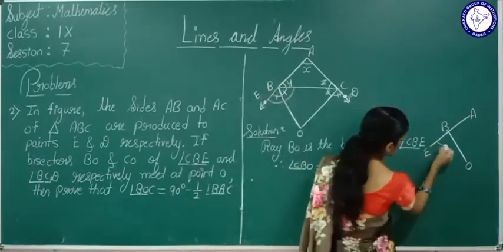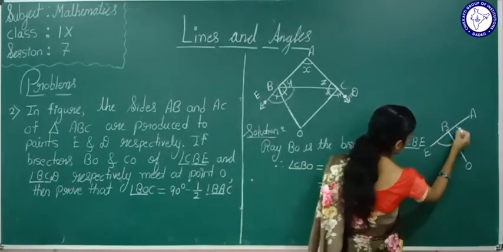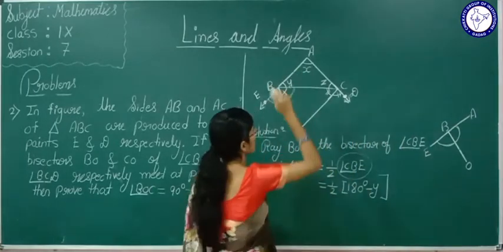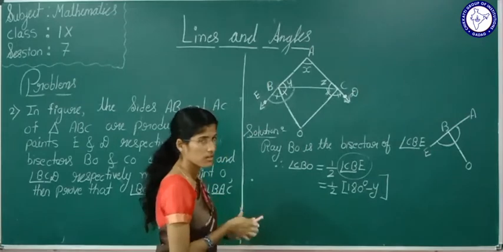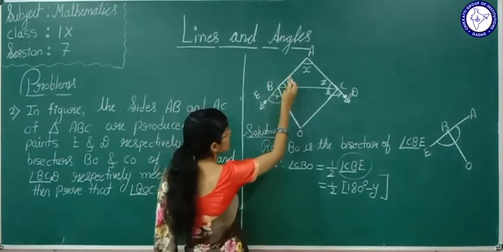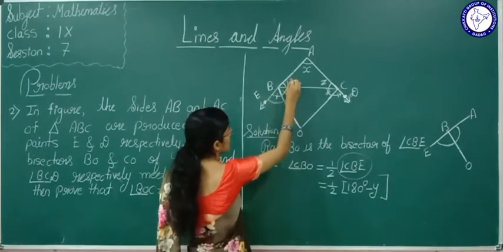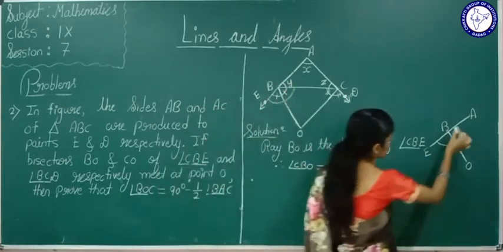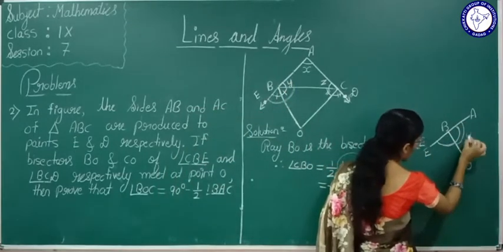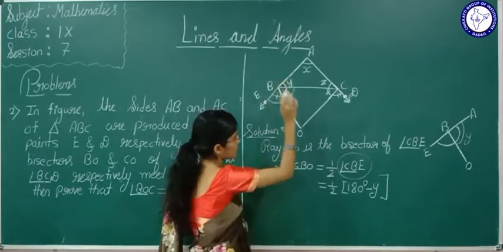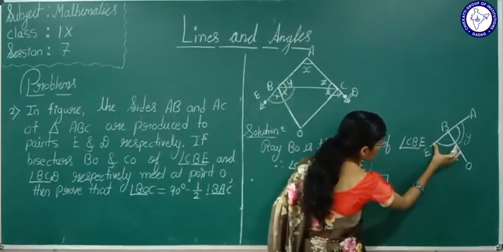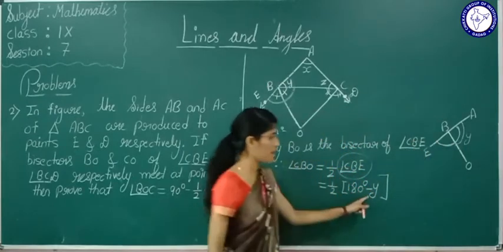Tell me what this full angle will be. Full angle is 180 degree. Here this angle we know, that is y, which they have given. If I want this much, it is 180 degree minus y.